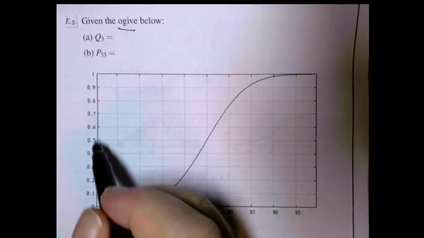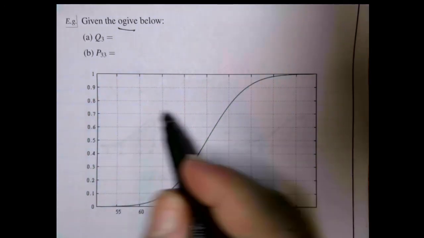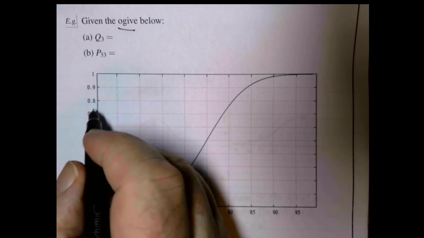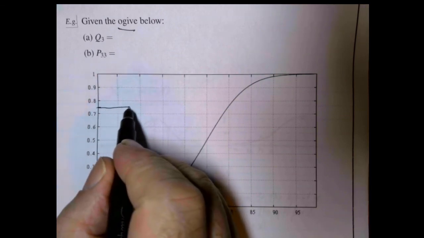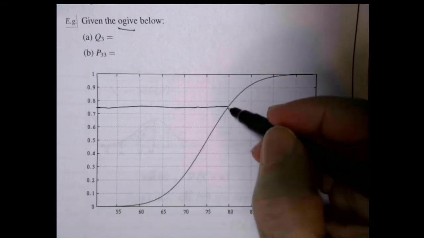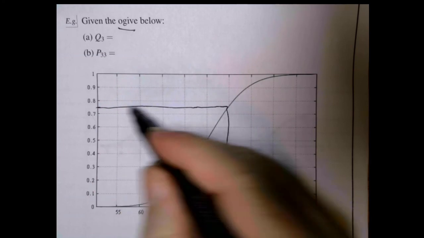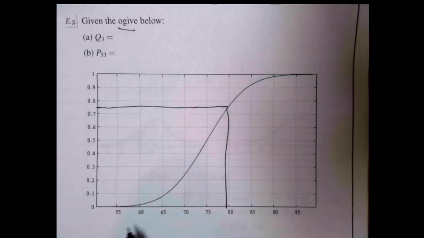So you need to find the x value over here somewhere so that the y value of the corresponding point on this thing is 0.75, 3/4. So I'm going to say that's 79.